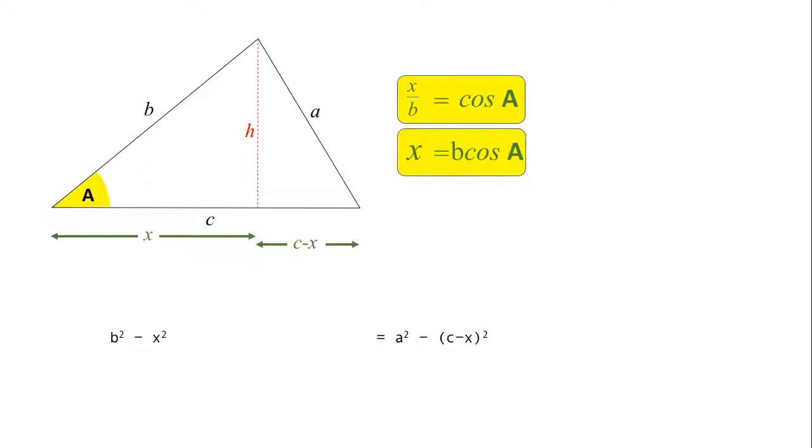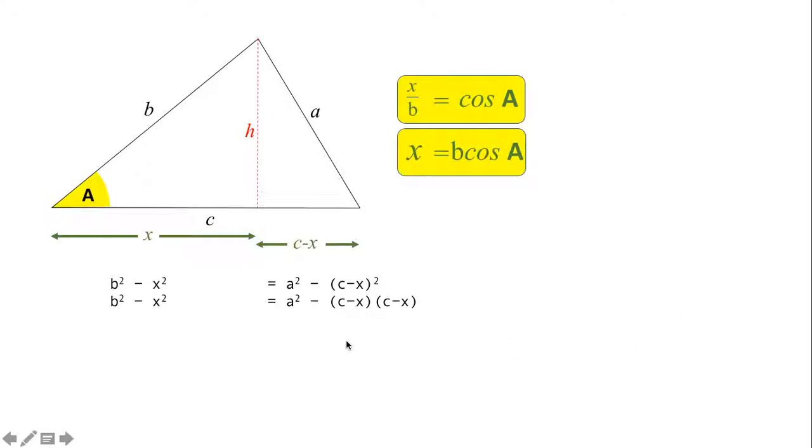I'm just going to move that up a little bit to give myself more working space. Then I'm going to multiply out (c minus x) squared. Remember, (c minus x) squared means (c minus x) times another (c minus x). So when I multiply all of that out, I'm going to have c times c, c times minus x, the other minus x times the other c, and minus x times minus x.